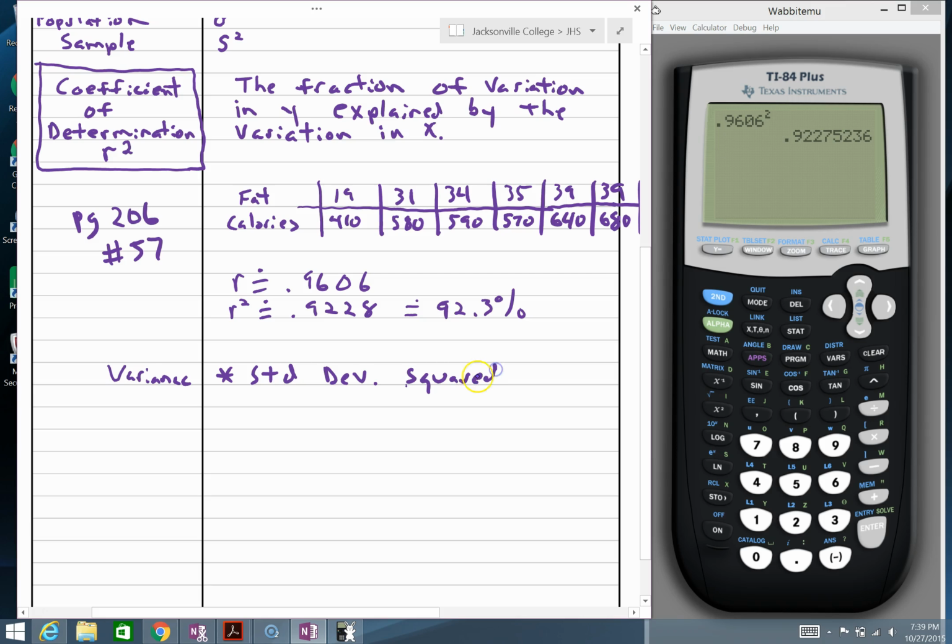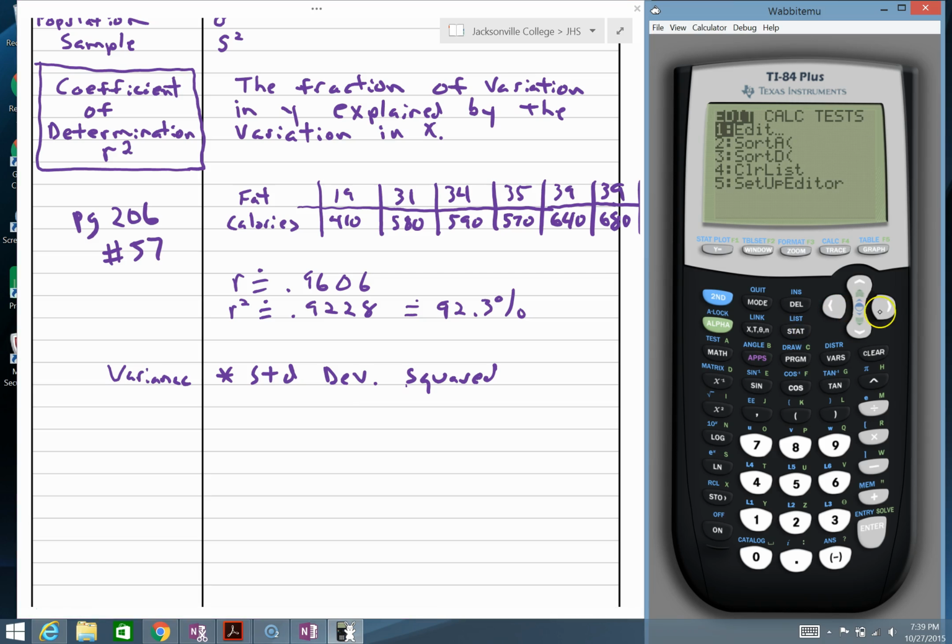So let us find the standard deviation in our Y. That is, what is the spread of our Y's? You can go stat, calc, one variable stats, and we want to look at our Y's, which are in list 2, second list 2.